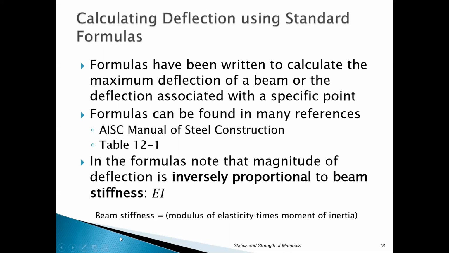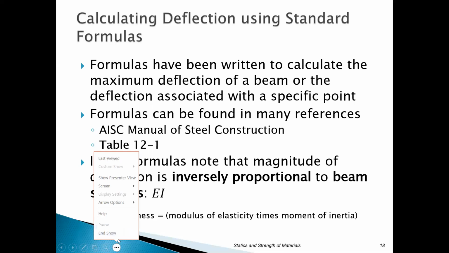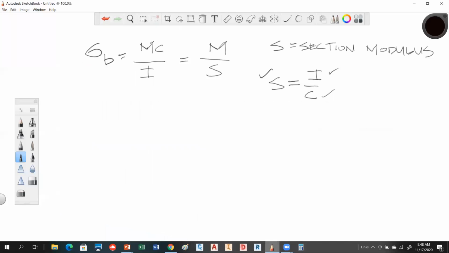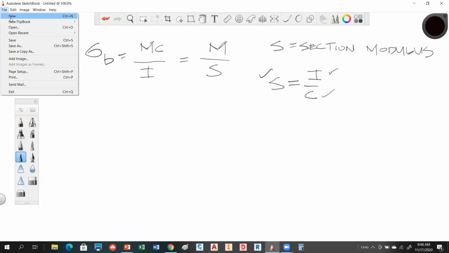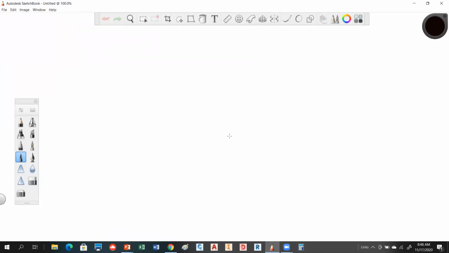So essentially, if we look at a picture here, let me clean this up. First off, remember, if you're looking at a simply supported beam, this is your normal beam without any loading on it.